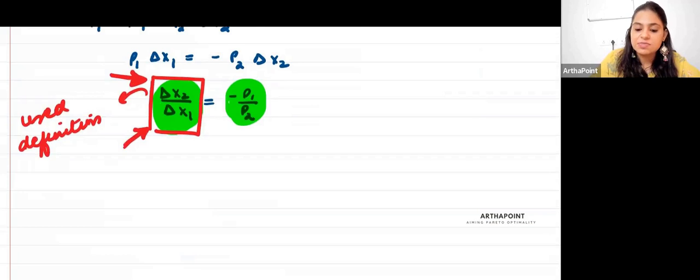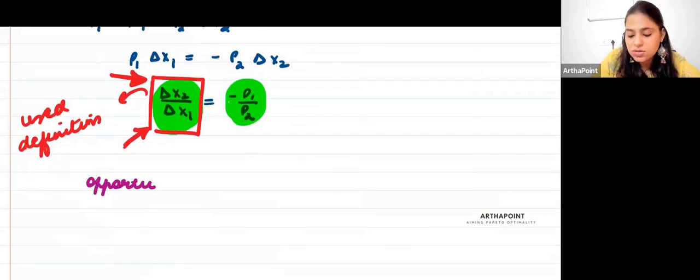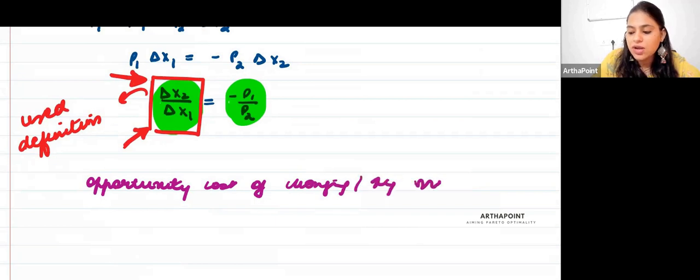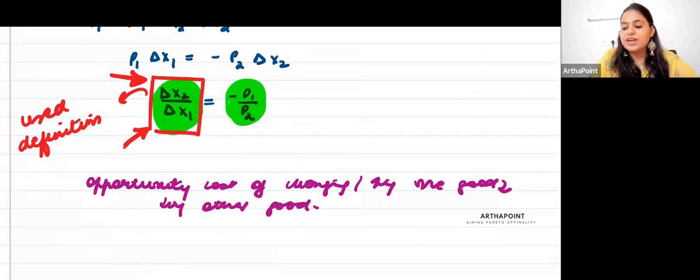So this tells me what is the opportunity cost of changing or increasing one good at the cost of decreasing the other good. When I increase one good at the cost of the other good, how much do I have to give up?